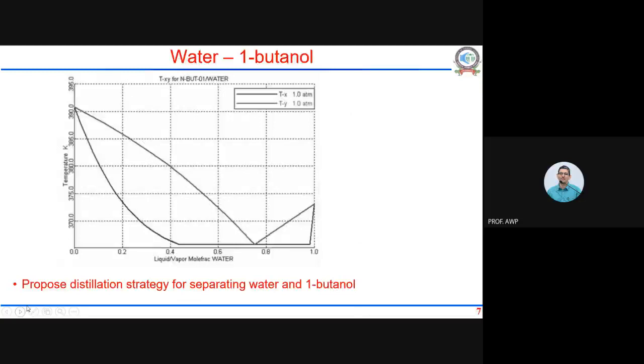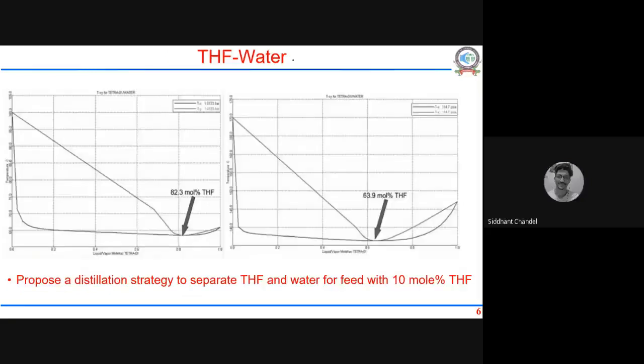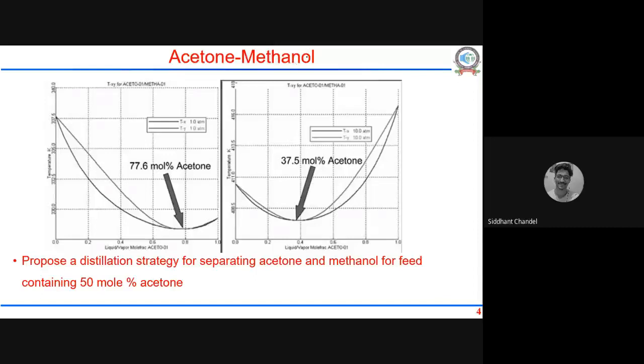Okay, here is another system: water and 1-butanol. Now the difference here is this: acetone and methanol were completely miscible in all proportions.